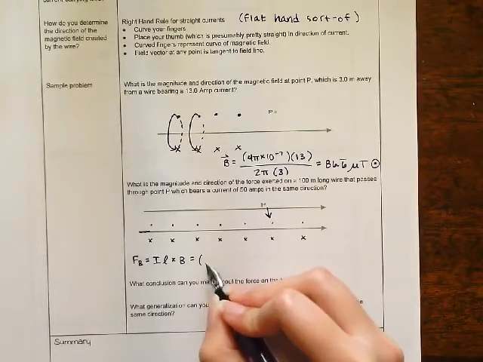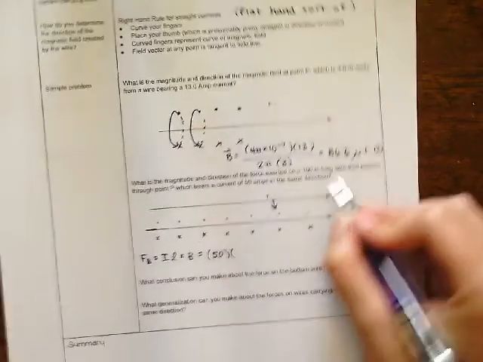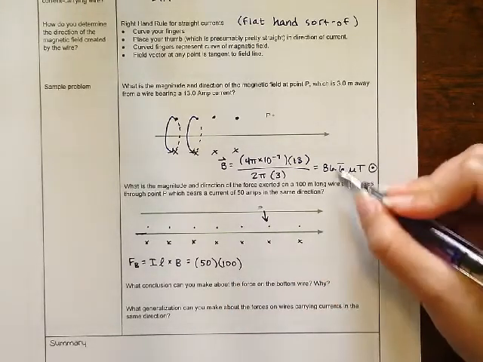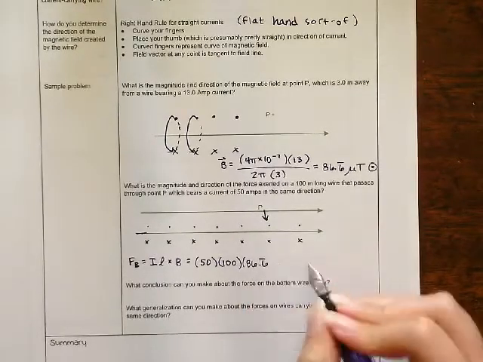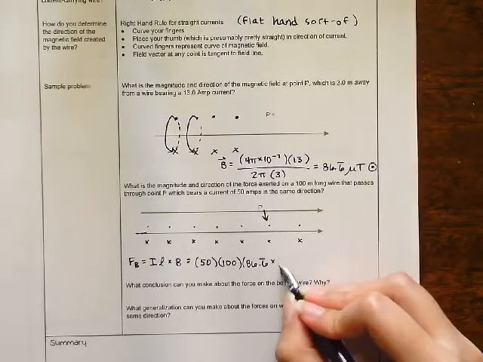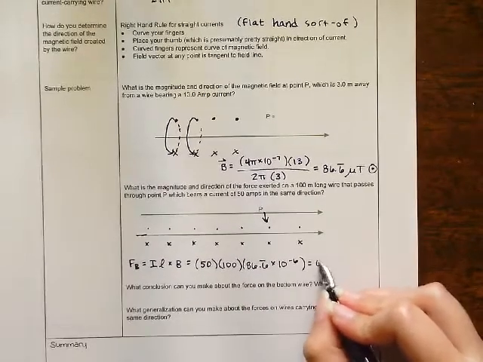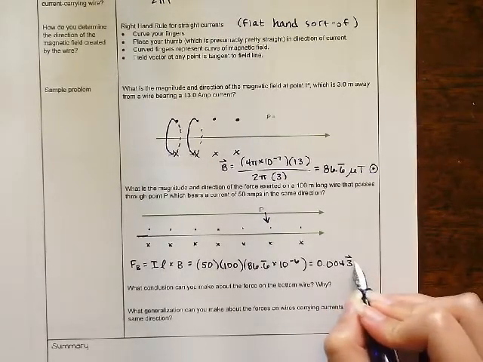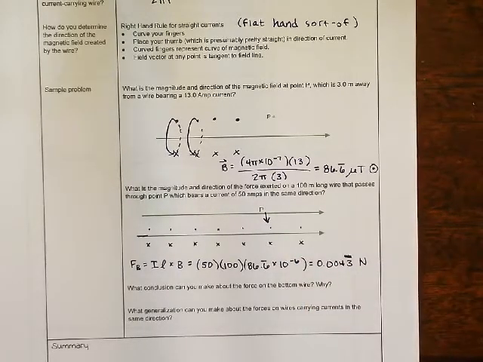So we get the current through this new wire, which is 50, the length of this new wire, which is 100 meters, times this pre-existing magnetic field that we calculated right here. And we get a force of, sorry, repeating, newtons pointing downward.